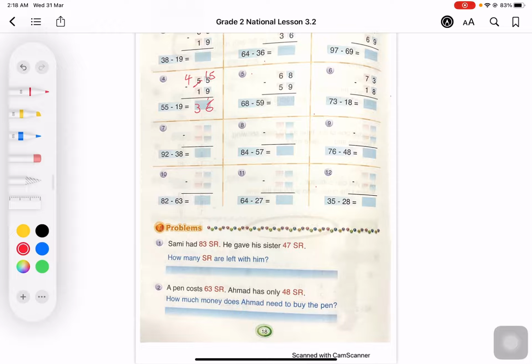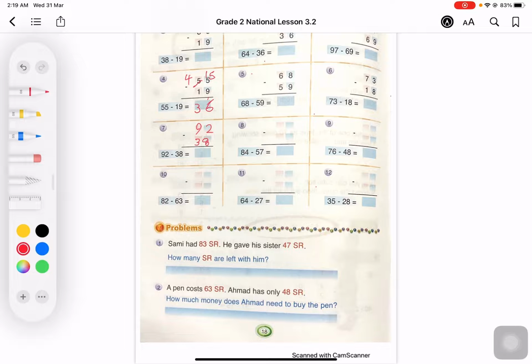So you are going to write it like that, 92 here. Don't change the order. Use the same numbers. The first number is 92, write 92, minus 38, subtract. Now, can you take 8 from the 2?